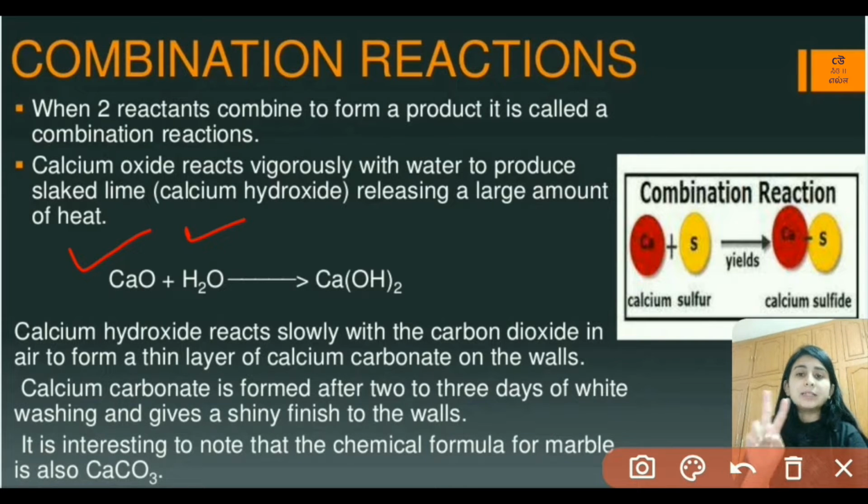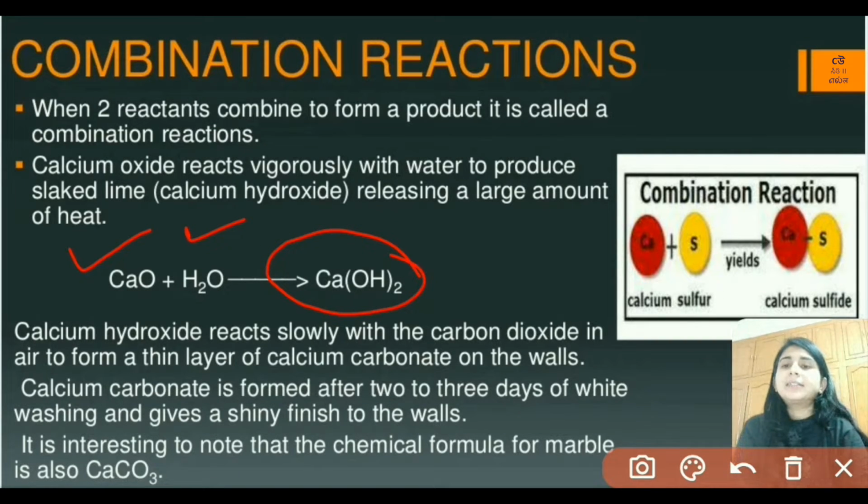Always remember, since both these things are going to combine together, we have placed a plus sign over here, and then when both of them react together, they'll form calcium hydroxide, whose molecular formula is Ca(OH)2. Ca(OH)2 means slaked lime. So it is being formed when calcium oxide reacted with some amount of water.